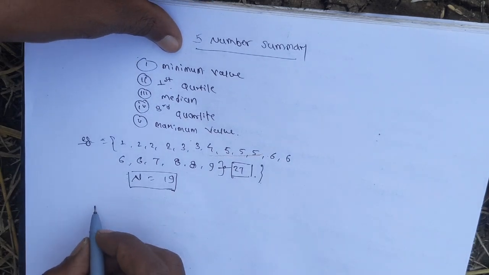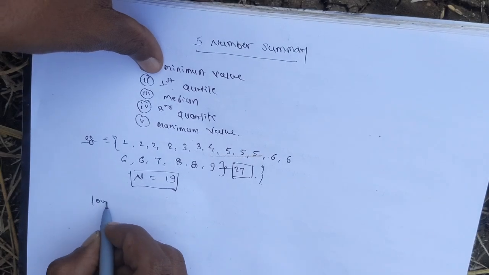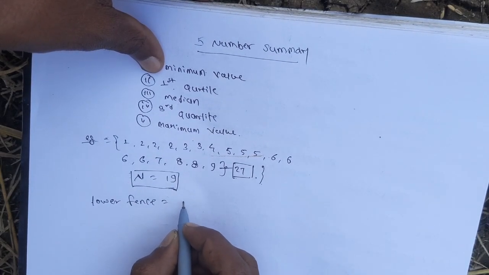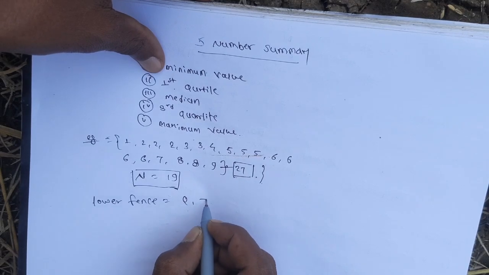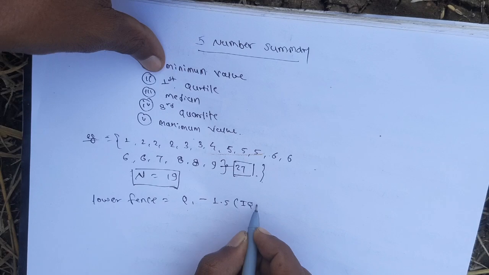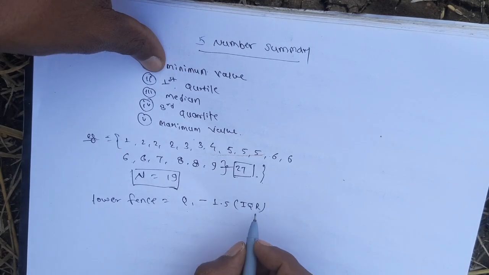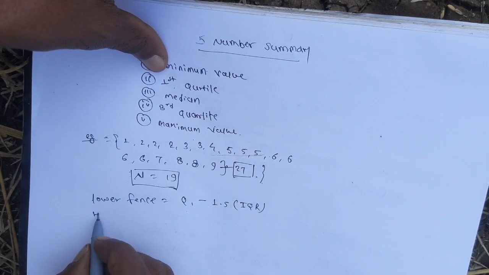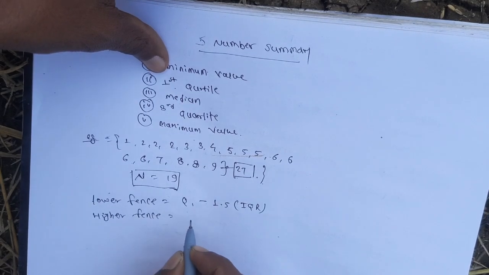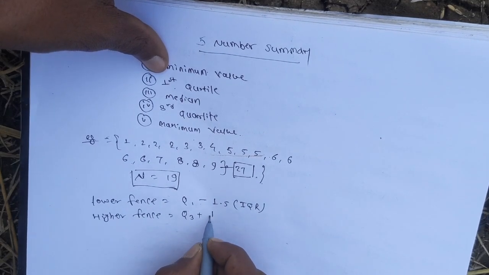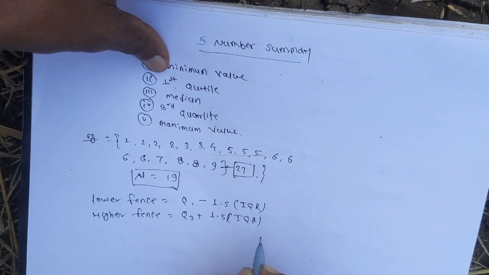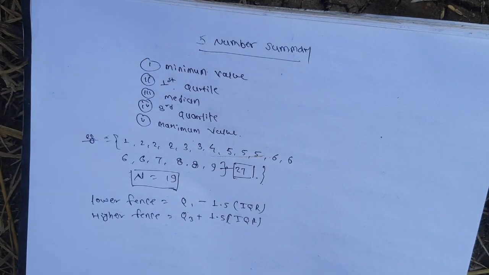The formula of the lower fence is equal to quartile 1 minus 1.5 IQR, and the higher fence is equal to quartile 3 plus 1.5 IQR. So we are calculating that first.